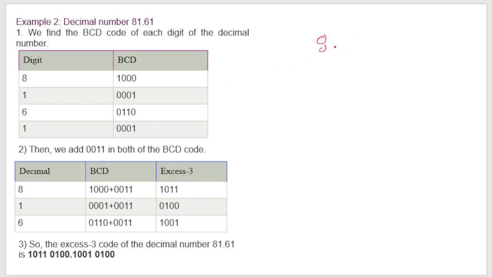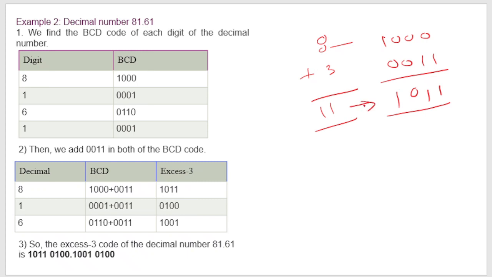For 8 we add 3, or 0011, and we get 11. Similarly, for 1 we add 3 and get 4; for 6 we add 3 and we get 9. Okay guys, so like this we added.